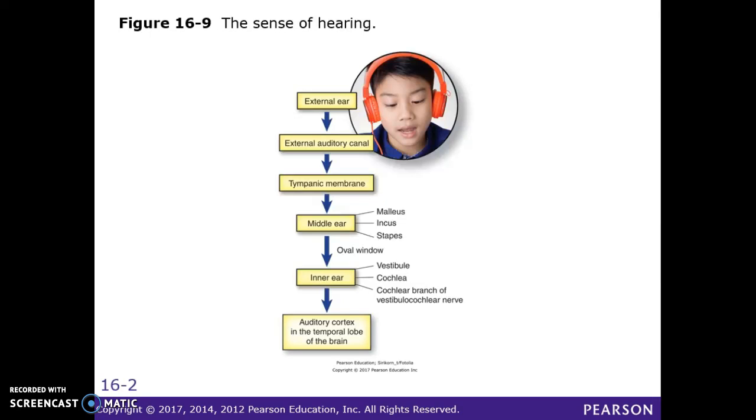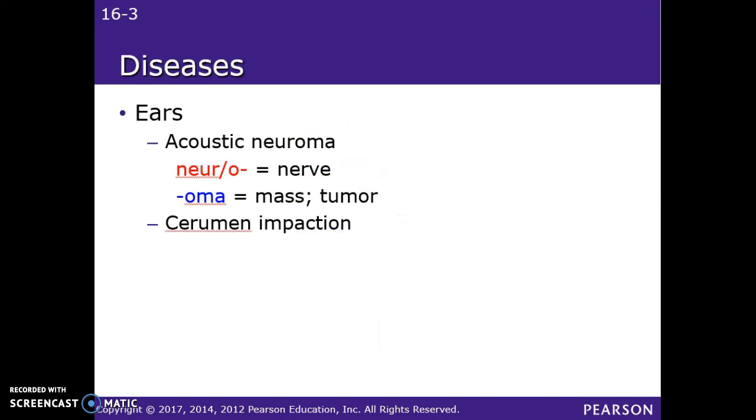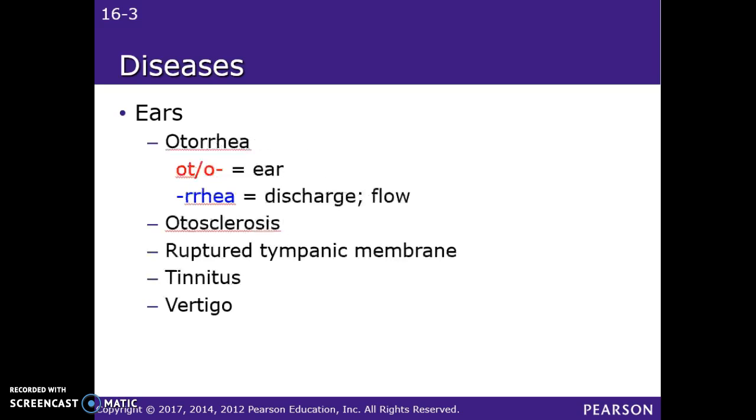And then, of course, we're going to look at the diseases. It can be everything from, here is a good one, the serum impaction. That's just earwax, right? So what if we have earwax in our ear? You know, obviously we can't hear. If you've ever known anyone who had an impaction, you know that can also be quite painful as well. We're going to look at the tinnitus, ringing in the ear.